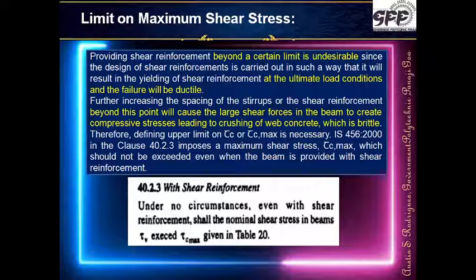Because of the maximum stress, we limit the amount of steel coming as shear reinforcement in the beam. That has been defined as tau c max. Defining this upper limit on tau c, simply known as tau c max, is necessary, and it has been done in clause 40.2.3.